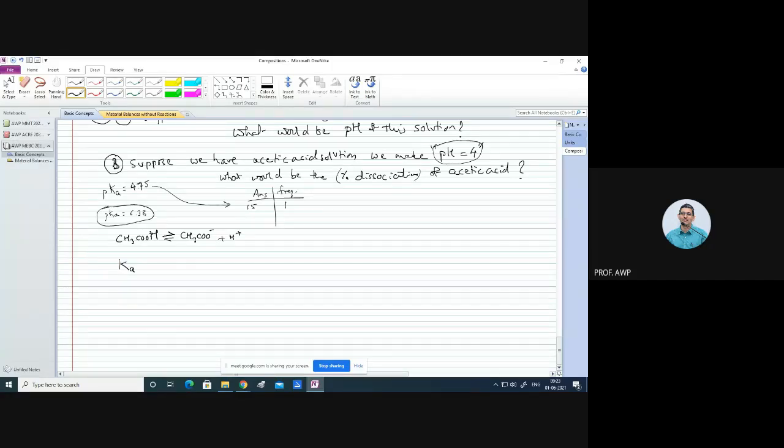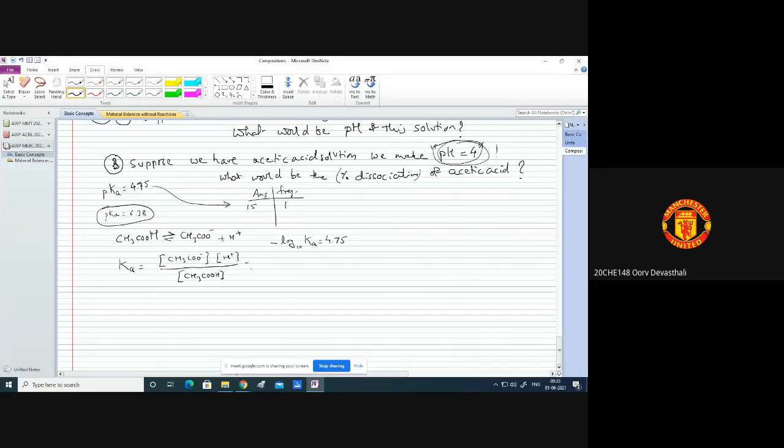So the dissociation constant Ka is CH3COO minus and H plus divided by the undissociated acetic acid, and minus log to the base 10 Ka is 4.75. It is independent of what the pH is, how we have got this pH. Do you agree with this?